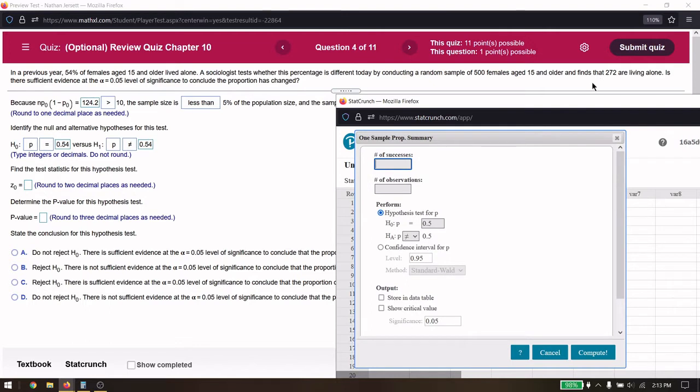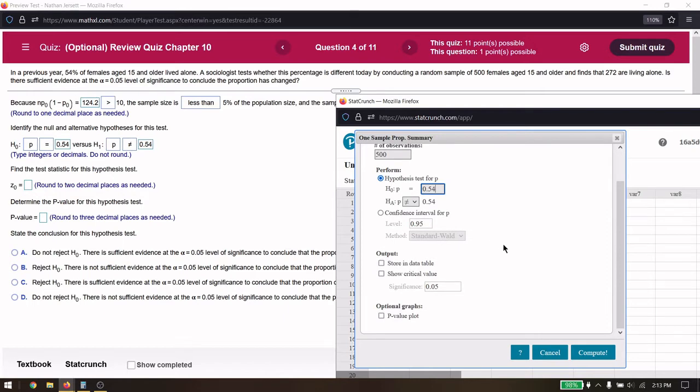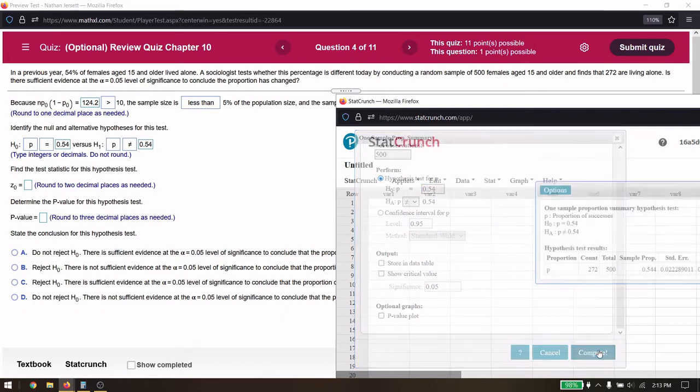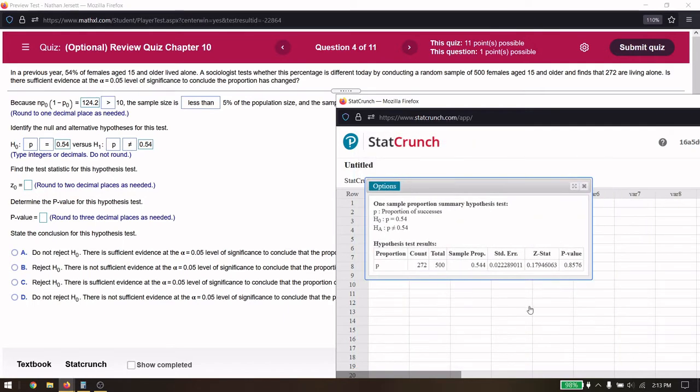See, 272 are living alone out of 500. So the number of successes was 272 out of 500 observations. And now we're talking about a hypothesis test. So here we want the null hypothesis to be 0.54, and the alternative to be does not equal 0.54. Okay, this is what we got.